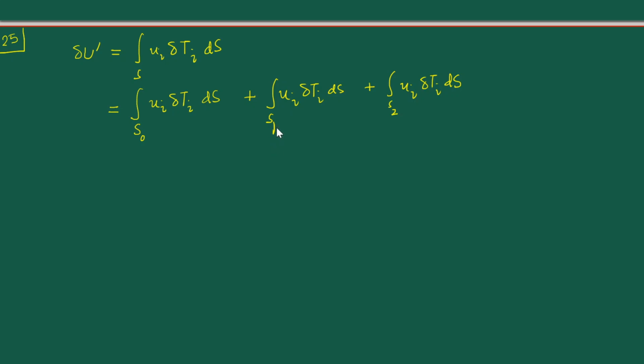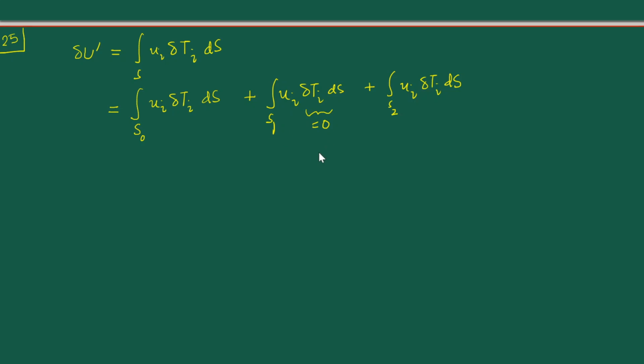So you see over S1 we do indeed have the traction specified, and at the very beginning of our discussion I had carefully noted that we should be making a distinction between the way that the tractions are specified over S1 and the tractions are specified over S0. There is no question of variability in the tractions because they are indeed specified in a constant fashion over S1. So here this thing is going to be 0 because Ti is actually specified there over S1.